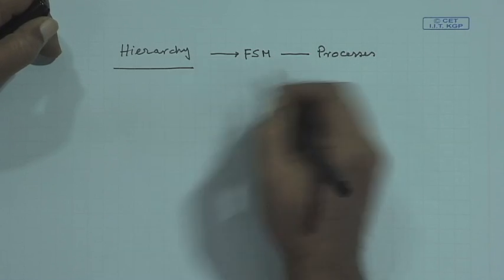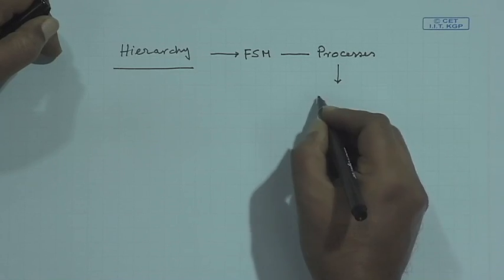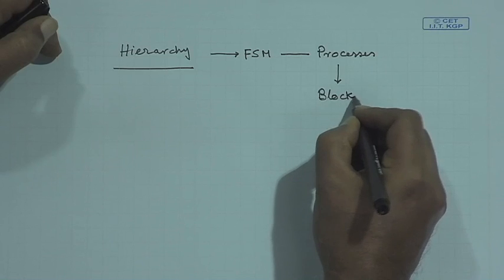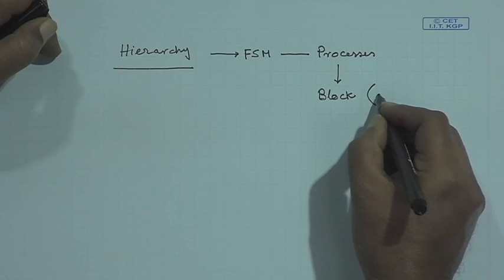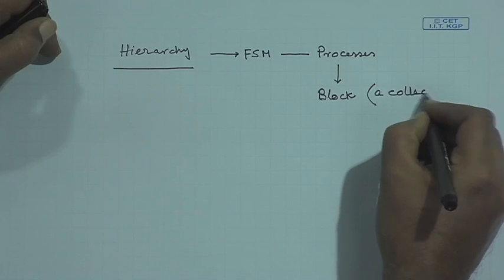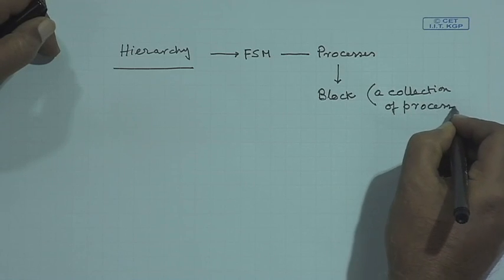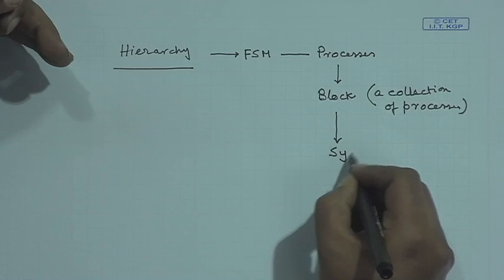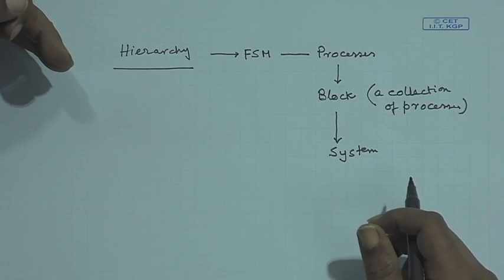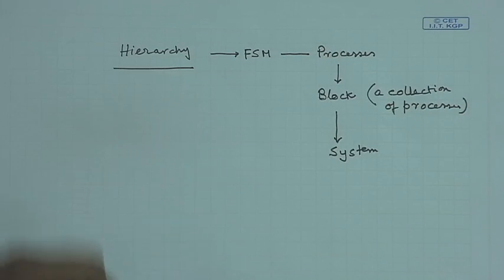And these processes are abstracted in the form of, so this is the lowest level, then it comes as block. A block may consist of a number of processes, all right. Block can be a collection of processes. And then a number of blocks, communicating blocks, give rise to a system, all right. So, I have drawn in the other direction. So, this is the more granular, then we come down, right.